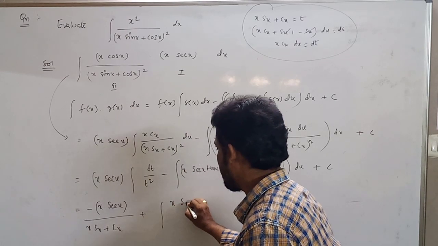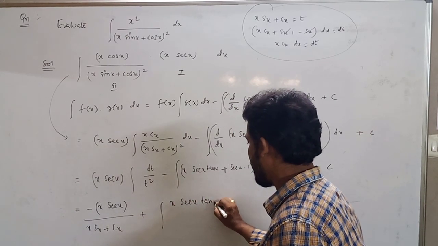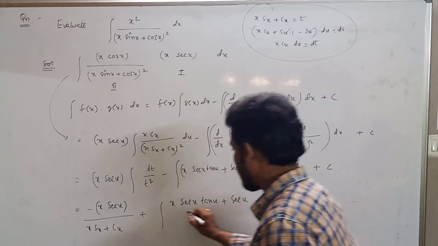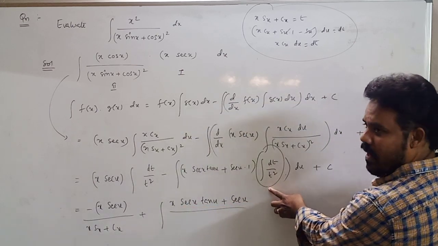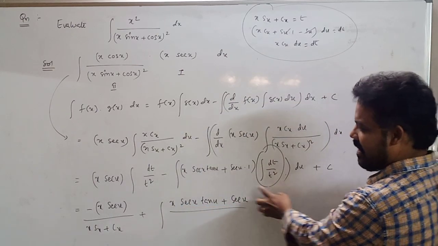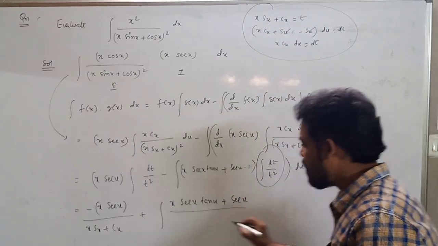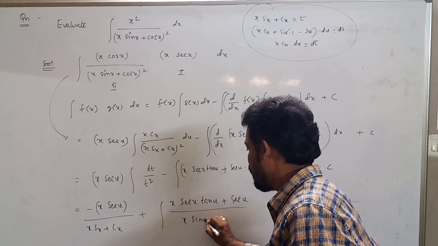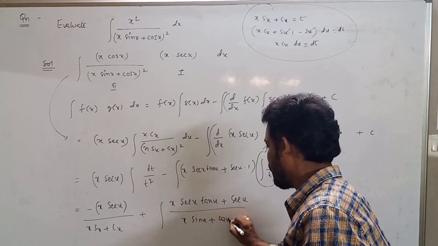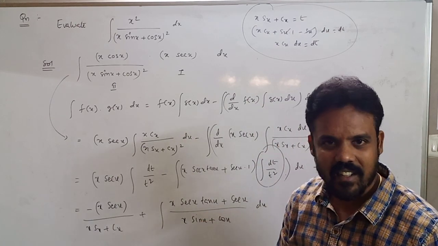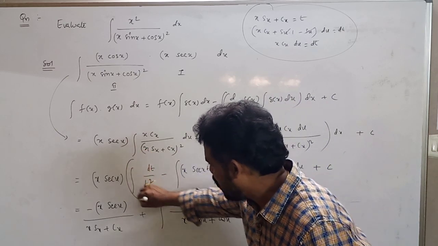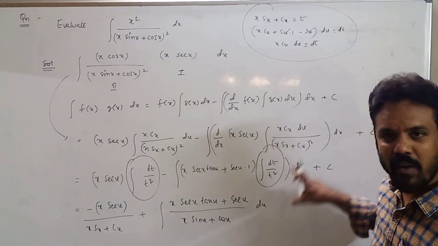Integral x secant x tan x plus secant x by, because integral 1 by t square is minus 1 by t, minus of minus plus 1 by t means what? This is t, x sin x plus cos x. I hope you understand. Whatever I used here, the same thing I applied.